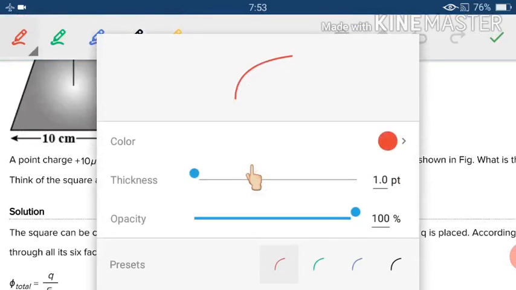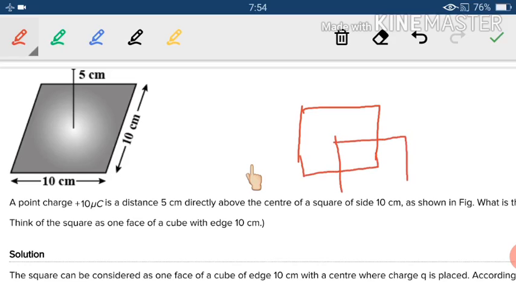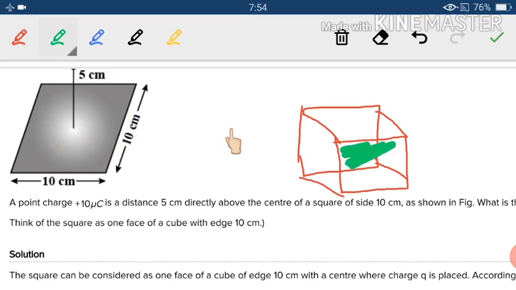Here we can draw a cube, and we can consider that this square is one of the faces of this cube.